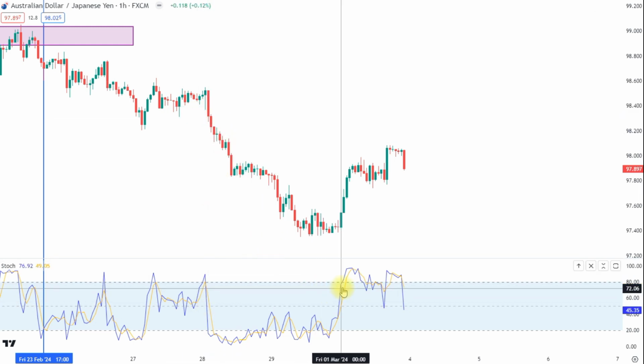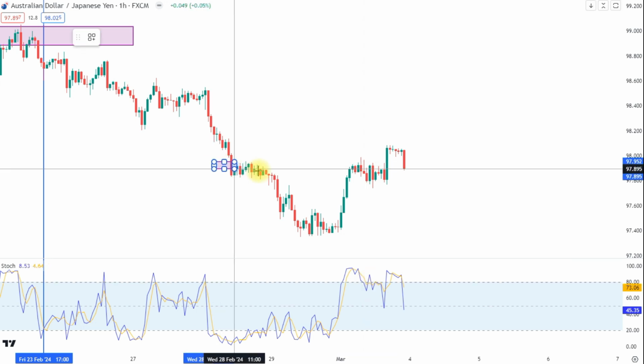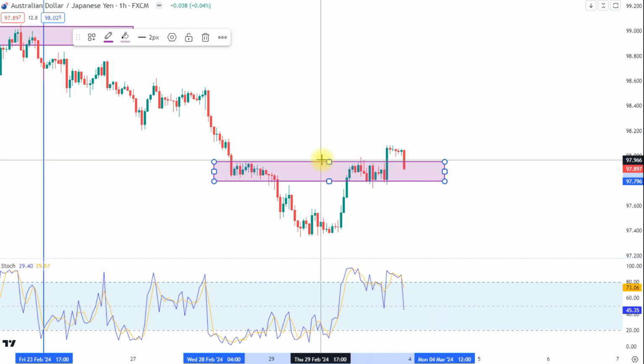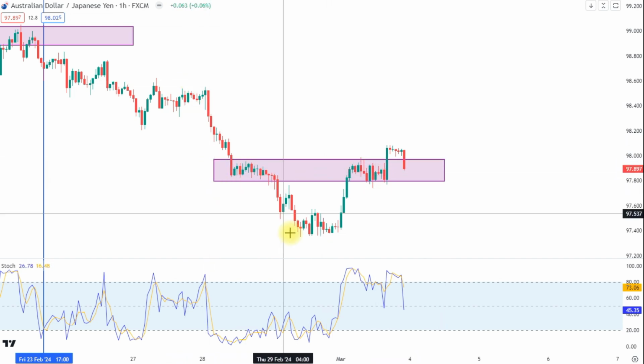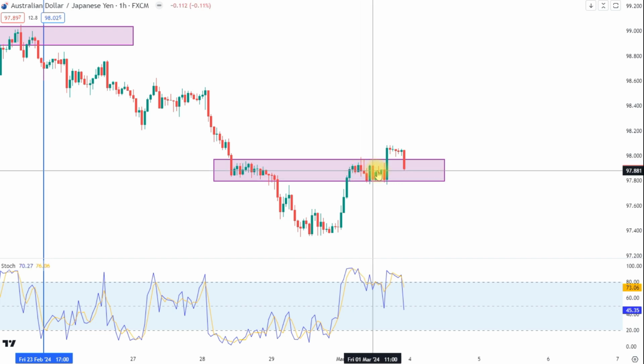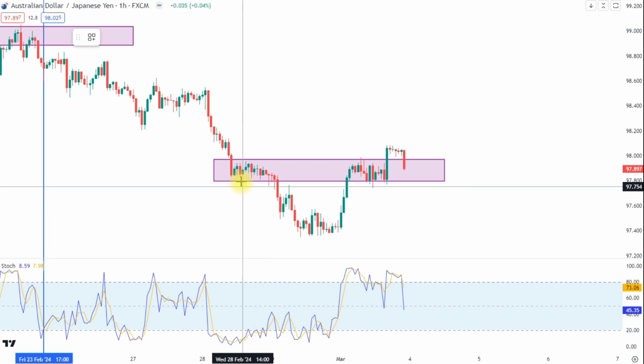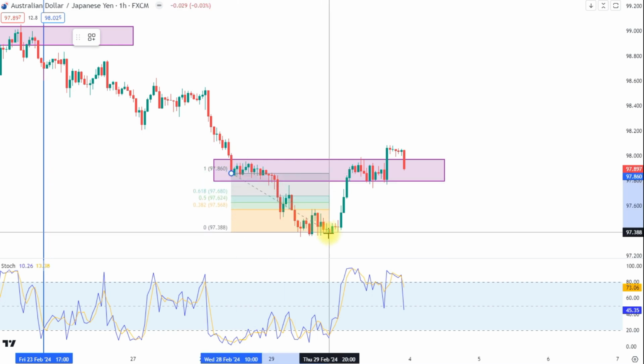But then we see the next opportunity coming here, and let me tell you why we don't take this trade. You see the market is coming really high here, even though we're in a downwards trend. So this is an indication that we are not continuing the downwards trend here. If you want to make it more clear, maybe it helps to use the Fibonacci retracement.